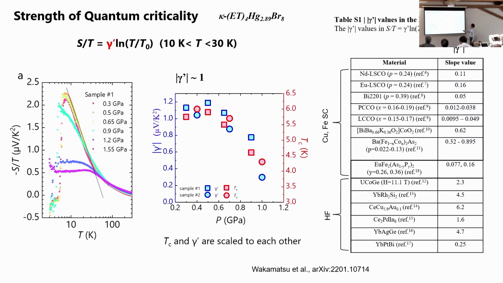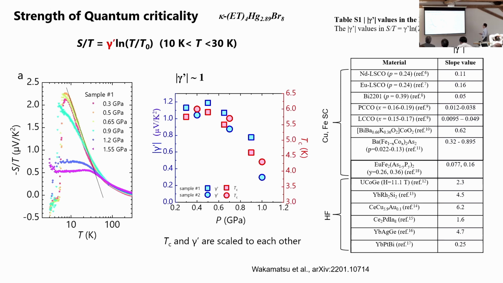The coefficient of the logarithmic term is an indication of the strength of the quantum criticality. In this material, the gamma prime value is roughly unity. This value is larger than in the copper oxide and the iron-based materials, by one order of magnitude or several times larger.